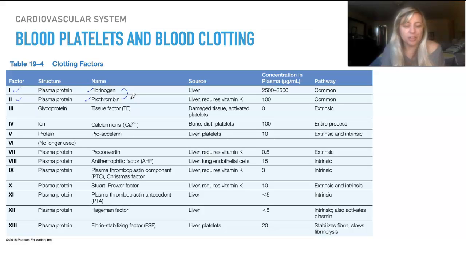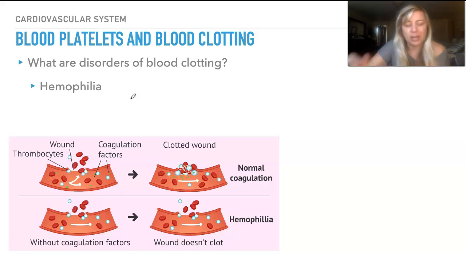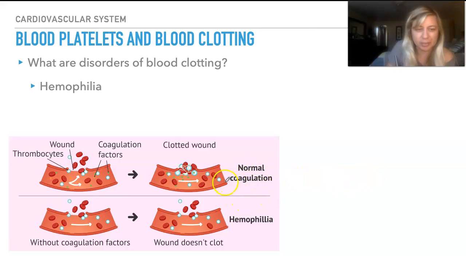So there are different disorders of blood clotting that involve some of these different clotting factors. For example, one clotting factor disease that you may be familiar with is hemophilia. And there are even different types of hemophilia depending on what clotting factor is impacted. But no matter the type of hemophilia, basically what happens is, here's our normal coagulation, right? We have a wound, we have coagulation factors in the blood coming together to clot the blood.